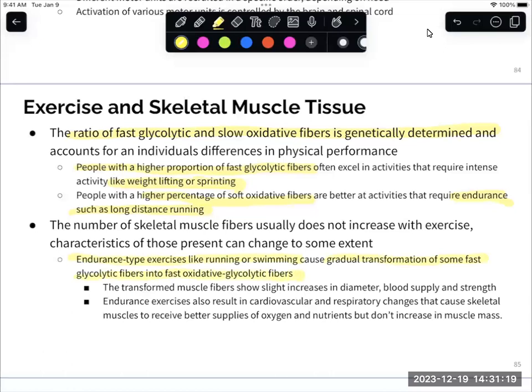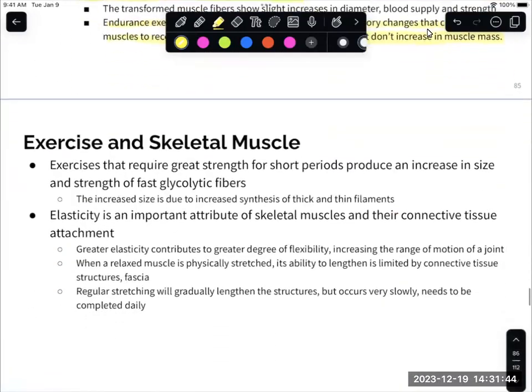Endurance exercises can cause respiratory and cardiovascular changes that cause skeletal muscles to be better at supplying oxygen. So you can train your muscles to a point to be good at certain activities, but then again, those types of muscles that you have are going to determine what type of activities you're also good at.